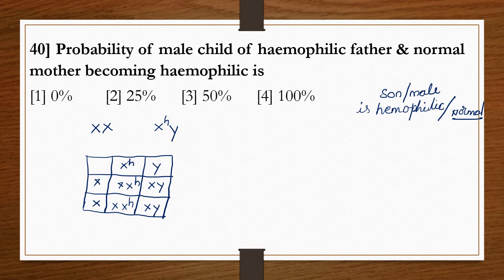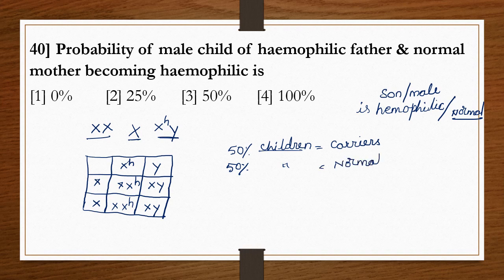So when a normal woman marries a hemophilic man, 50% of their children, male or female, are carriers and 50% are normal.